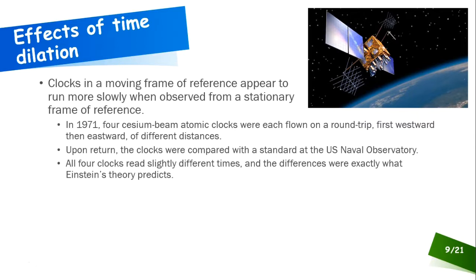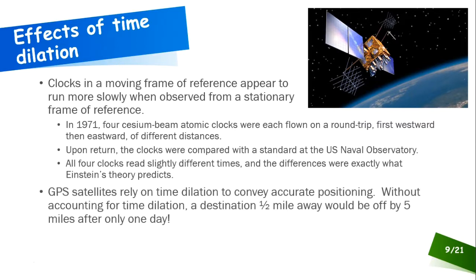So the ones that were in the planes that went further out, okay, so they had a longer trip, they were actually running more slowly than those observed from the stationary frame of reference, from the clock that didn't actually move. And the difference in the time between the stationary clock at the U.S. Naval Observatory and each of the individual clocks were exactly what Einstein's theory predicts. And so this experiment actually proved that time dilation is a real effect.